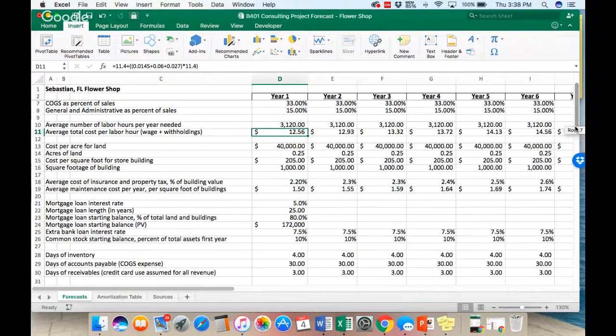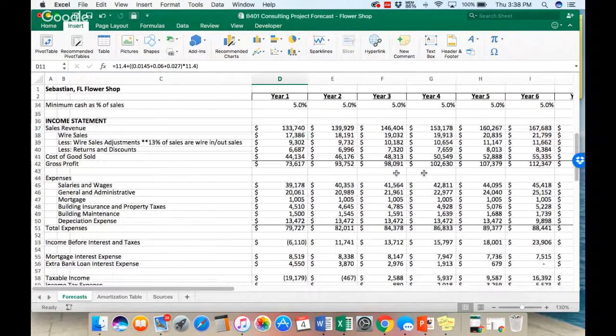So if we go back down here to our expenses, our general and administrative expenses were calculated as a percent of sales. We used 15% to determine the expense for the year. Our mortgage payment was calculated by using the amortization table off a base loan amount of $168,454.